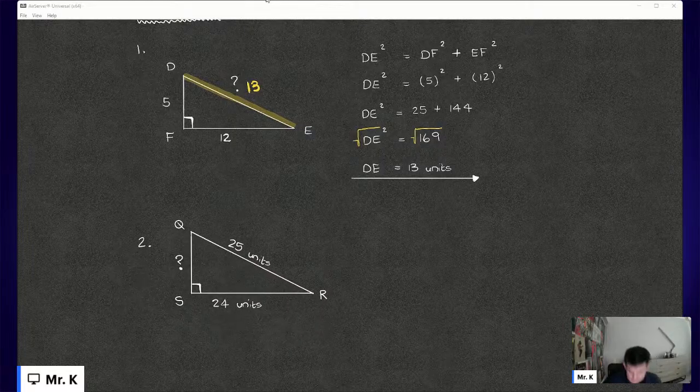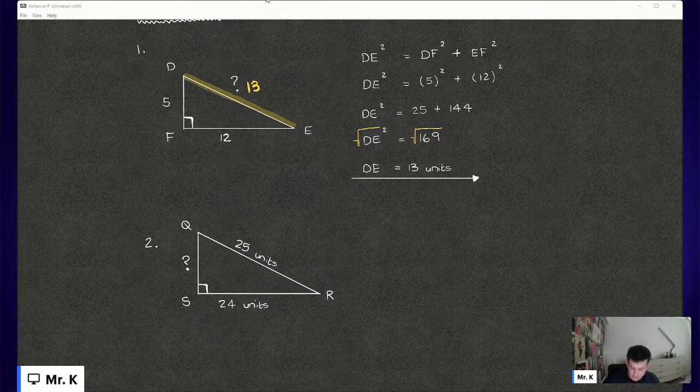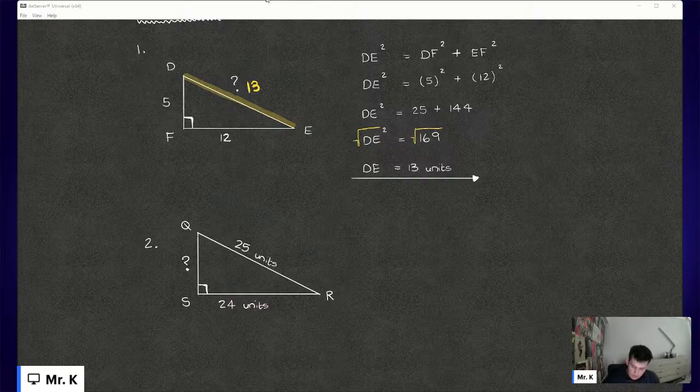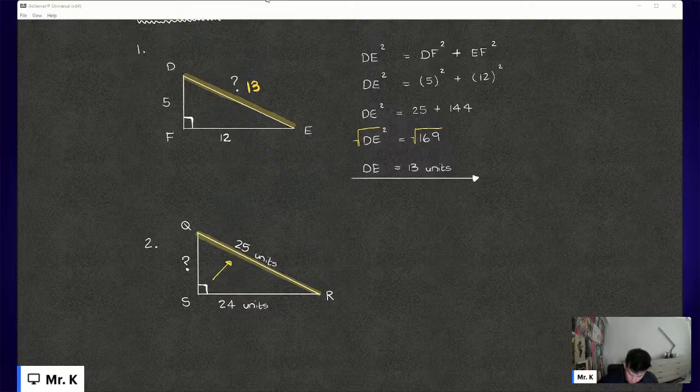Now, please pay attention to this very carefully. We know that this longest side over here is the hypotenuse because it is opposite our right angle. So it is not even a question that side QR is our hypotenuse.